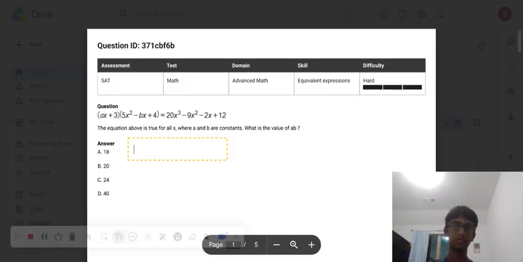I'm sure you all know how to use the FOIL method. All we're going to be doing is that, except with quadratics also involved.